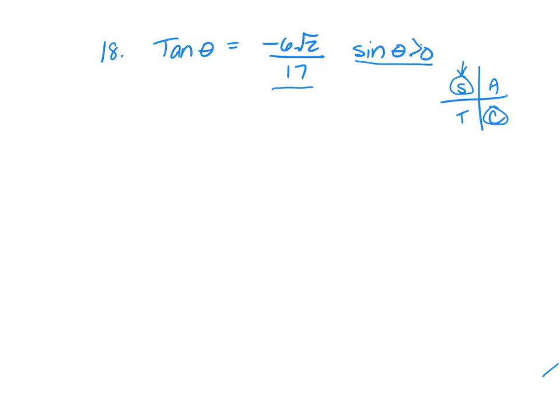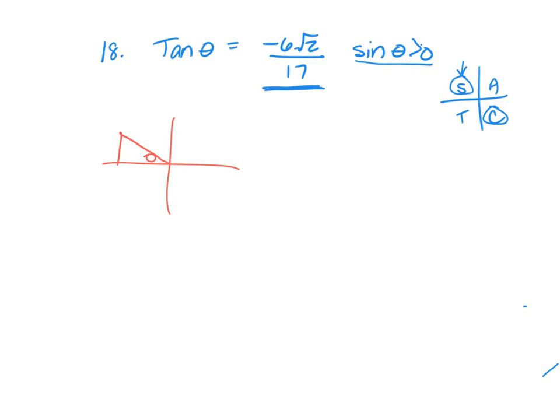So the only one that's positive is A? Well, yeah, but tan has to be negative, and sine has to be positive, and that's in quadrant 2. So we know it's in the second quadrant, and we draw a triangle in the second quadrant, okay?